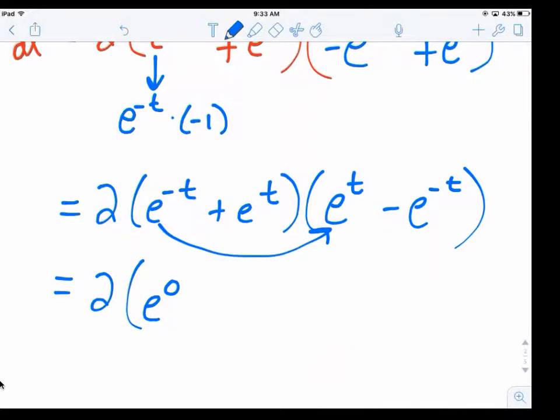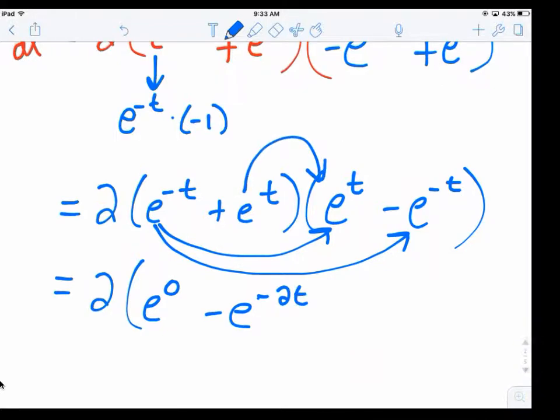So we're just forming. That's what I'm doing. Okay, good. And then e to the t times e to the t. Okay, good. And then e to the t times negative e to the negative t.